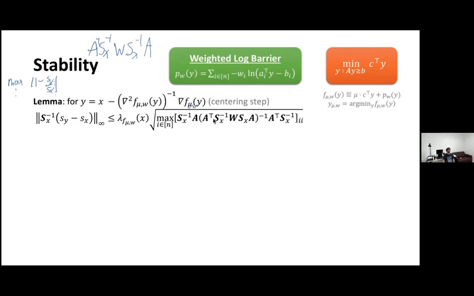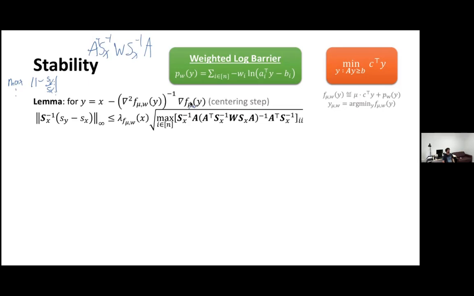Sorry. Yes. What I wanted to ask is, does it really matter if it's a centering step or if it's a step that's inside the diagonal ellipse? I mean, I guess you're basically proving that no matter what step you take inside the diagonal ellipse is going to be okay because you have the Newton decrement as part of the bound.